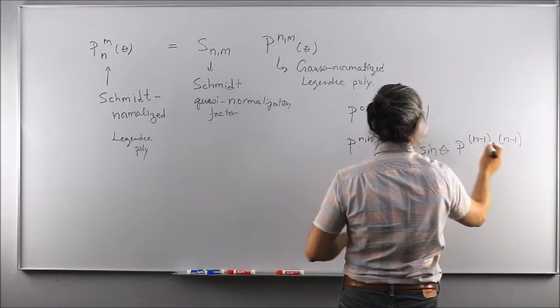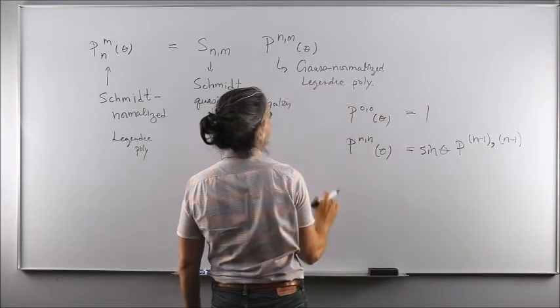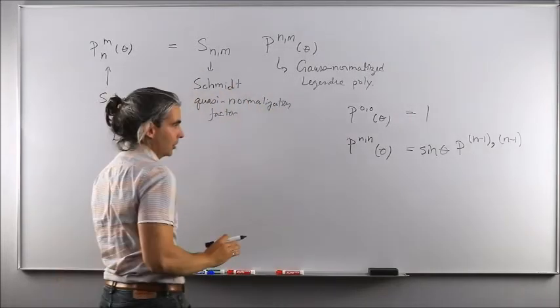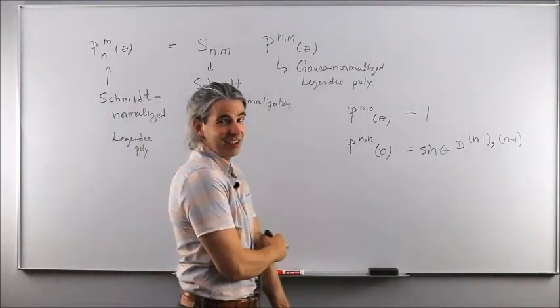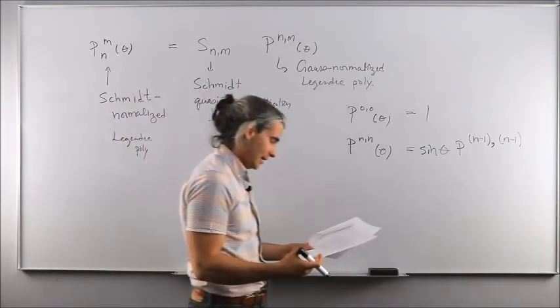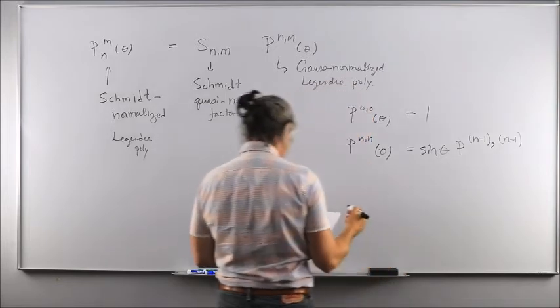So this is a recursive way to obtain the Gauss-normalized Legendre polynomials so that ultimately we can calculate the Schmidt normalized Legendre polynomial and plug that into the magnetic potential function. So this is quite a time-consuming and potentially complex process.